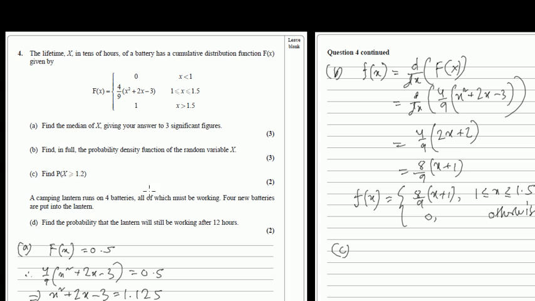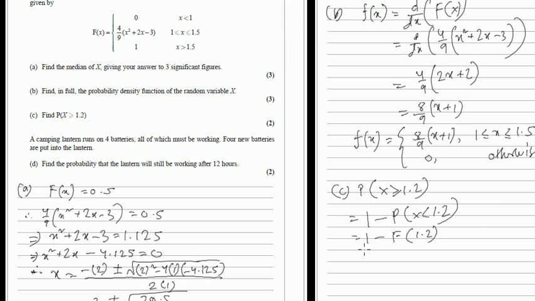Question number C, find the probability of X greater than or equal to 1.2. Remember, if you have the CDF, you can find the probability if it is less than. Since this is continuous, it is the same as less than 1.2. It makes no difference in continuous. So 1 minus F(1.2). Now we can just put the value and find it.